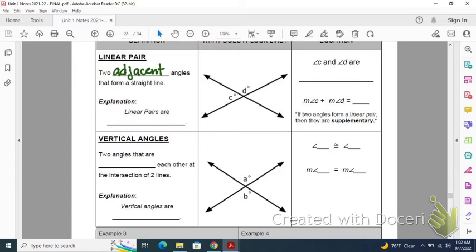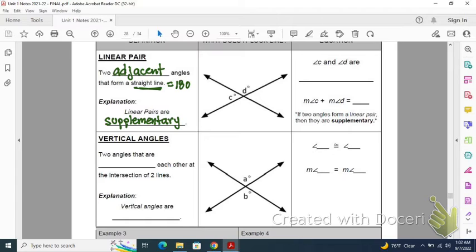Linear pairs are supplementary because they form a line, a straight line. So remember, straight line equals 180. Supplementary also is 180.